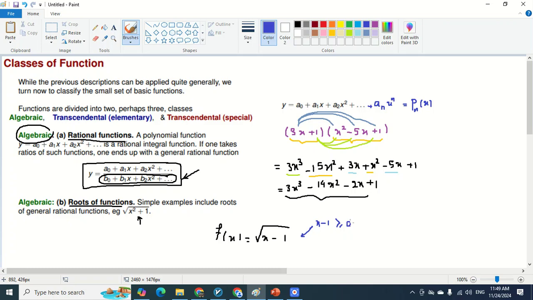This leads us to the condition that x should be greater than or equal to 1. If you shift that minus 1 to the right side, then we have x greater than or equal to 1. And as you see, the domain of this function contains only values that are greater than or equal to 1. Otherwise, it's not defined as a real valued function.